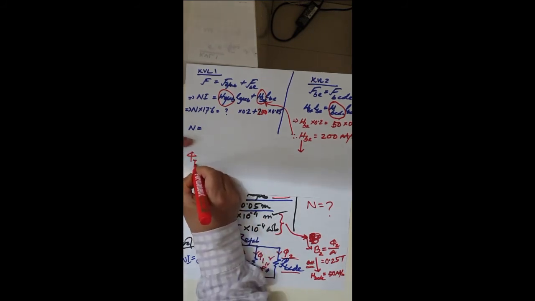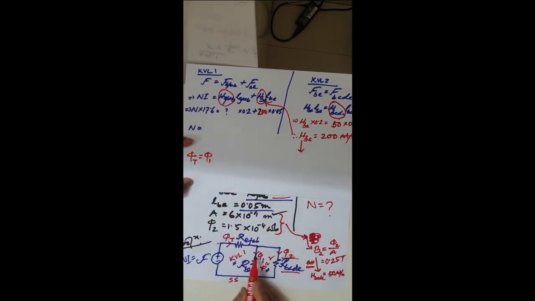And now our next job is to find H_EFAB. For H_EFAB we need to find phi t, and phi t gives you the B_t, and that B will give you the H. So if you want to find phi t, then one thing you should understand is that phi t is nothing but phi 1 plus phi 2, a summation of these two.